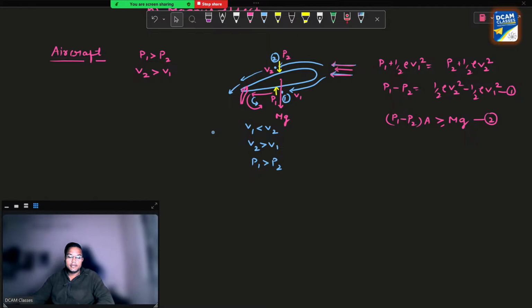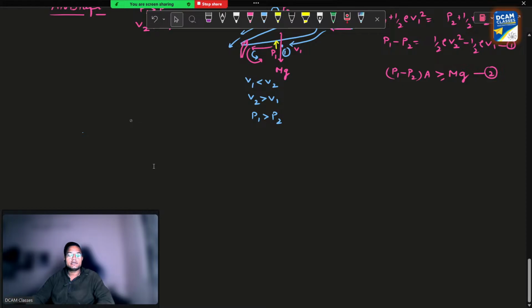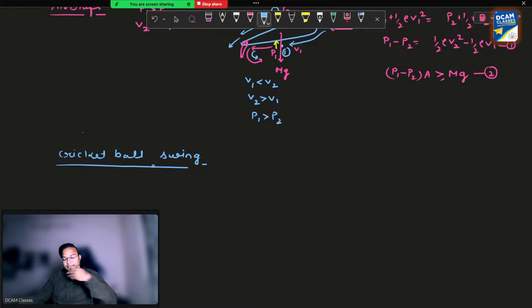The second one is cricket. In cricket, have you seen the fast bowlers swing the ball? Do you know what swinging the ball is? Ball swing, in swing, out swing, those things.